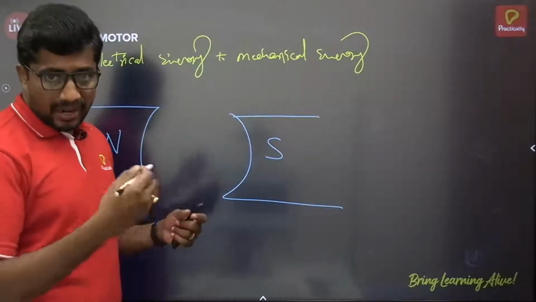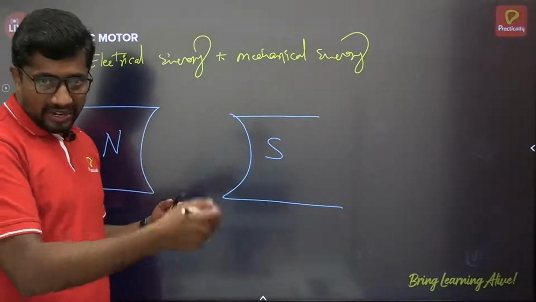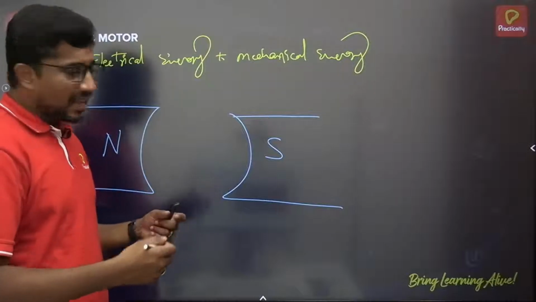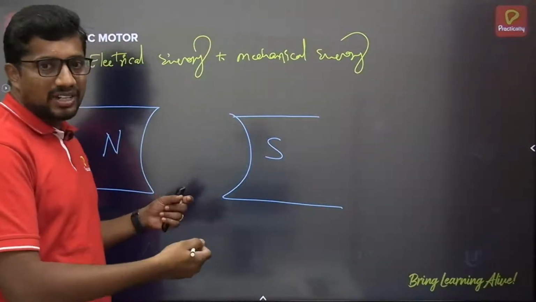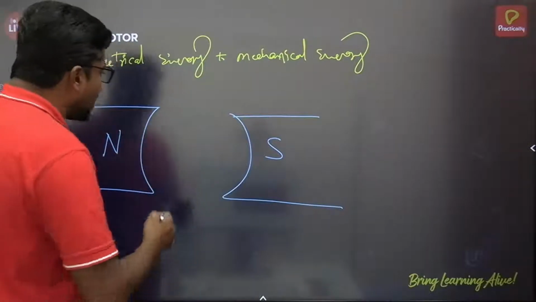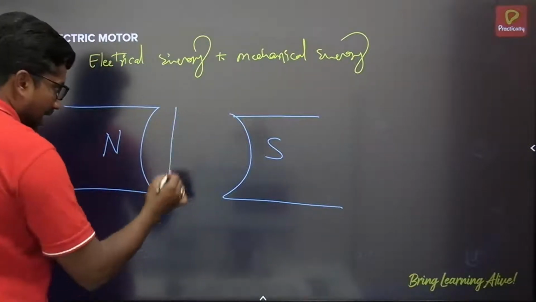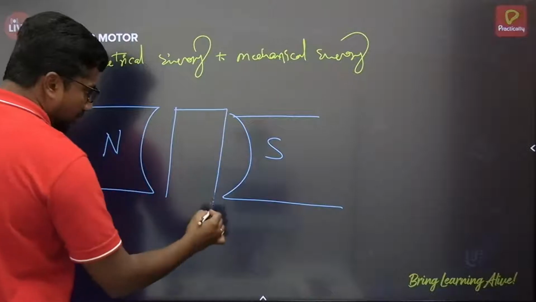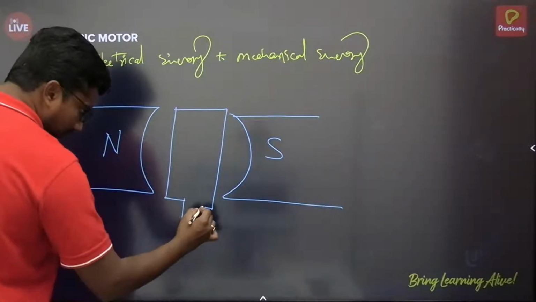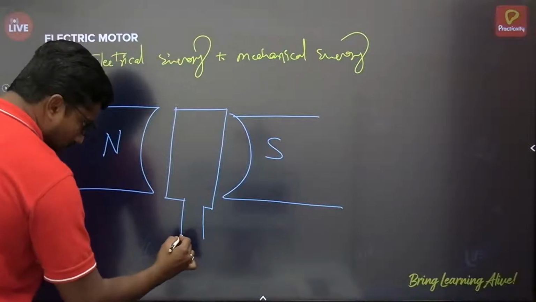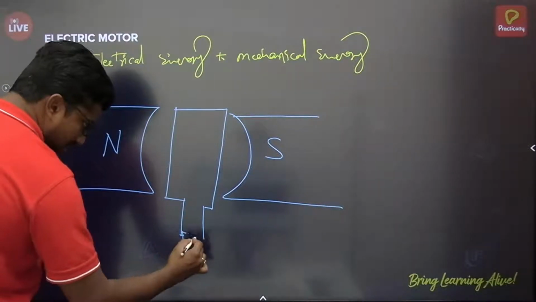Armature consists of a number of turns, a coil which rotates inside the motor. Here it's difficult to represent all the turns in the armature, so I'll take a single turn and call it the armature coil, named ABCD, that's connected to brushes like this.